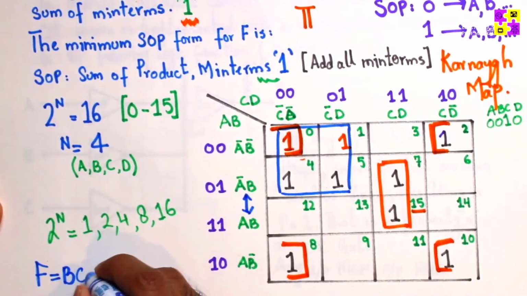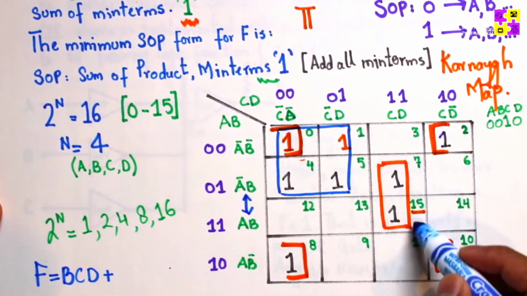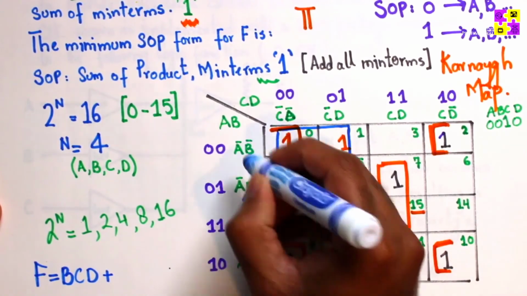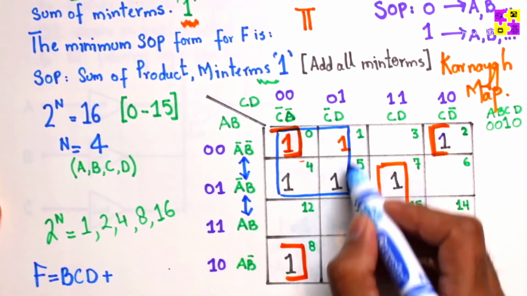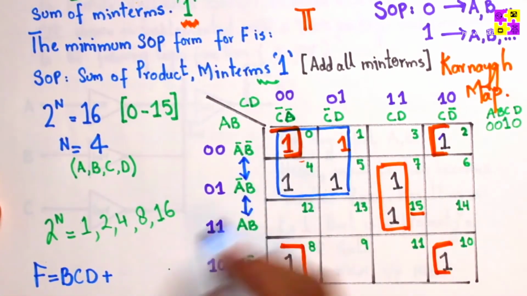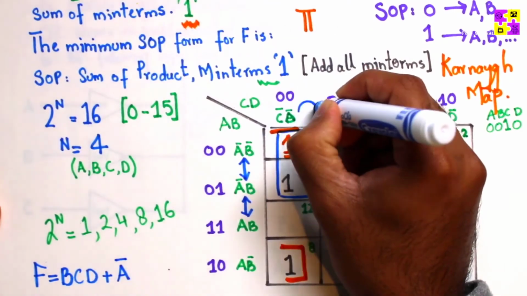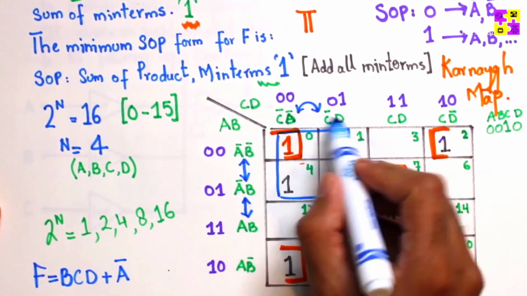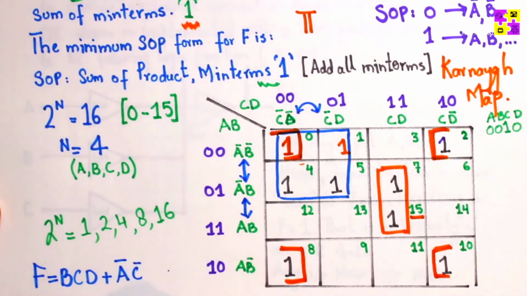So this becomes BCD. The expression is going to be BCD for this pair. Now we're going to look at this blue one, right? Again, we look at these two terms because they overlap with this rectangle. Common here is A bar, and similarly we look at the common between these two terms. You got C bar D bar, C bar D. The common between them is C bar, right? So you get A bar C bar here.